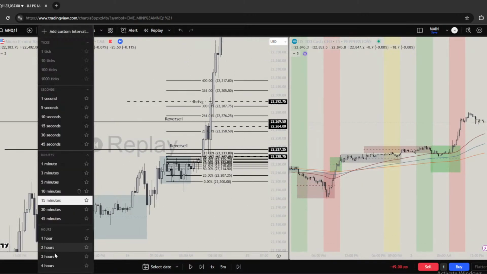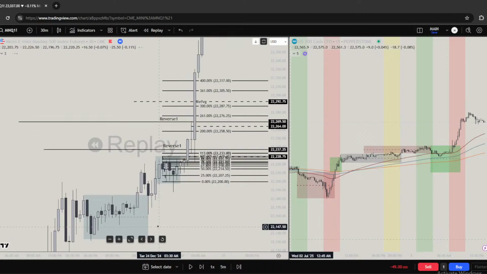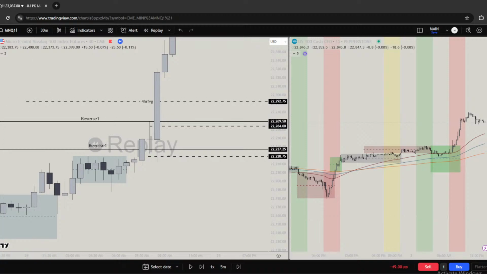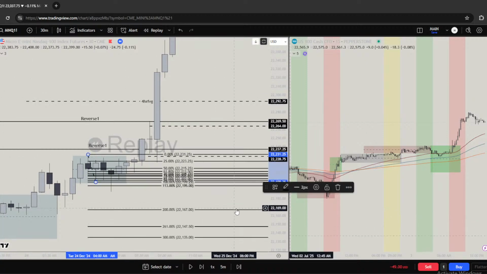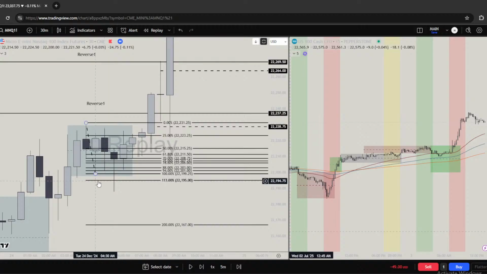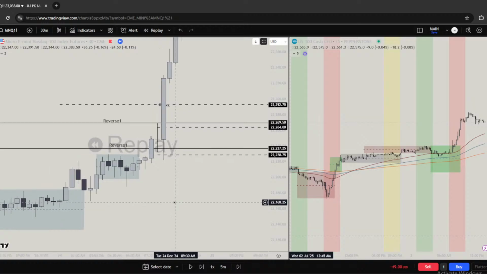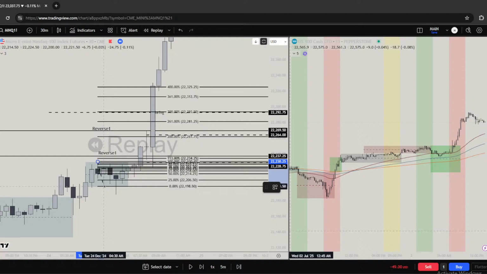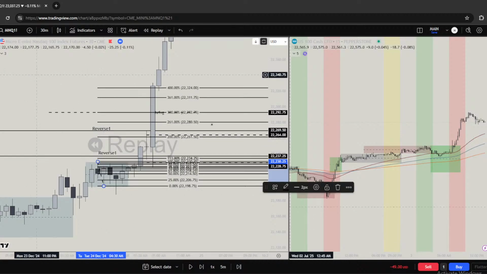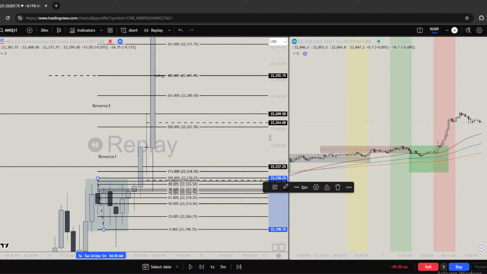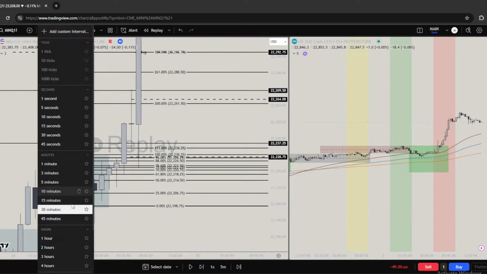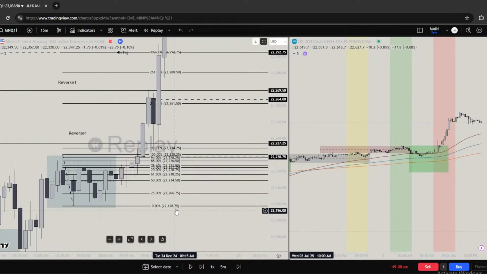I think I ran it on my 4 hour. Did I run it on my 4 hour, or my 30 minute? How did I run it? I think it was here, 113. I don't remember where I just had that. Now I've got to find out where I had it.